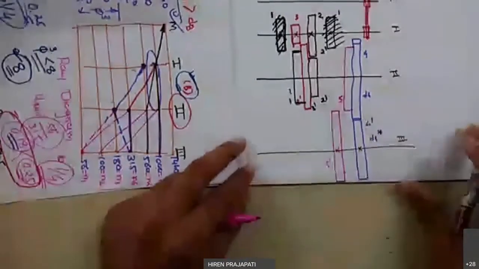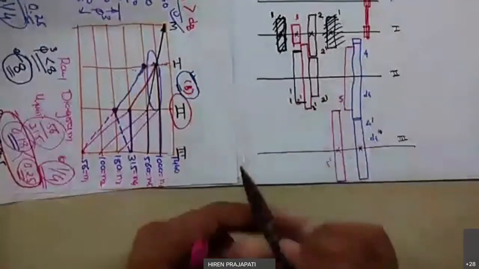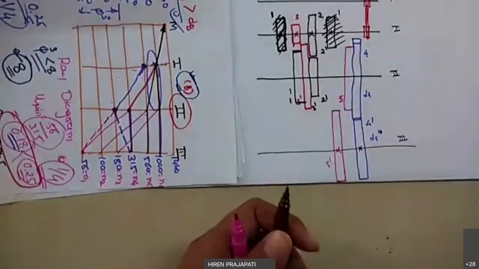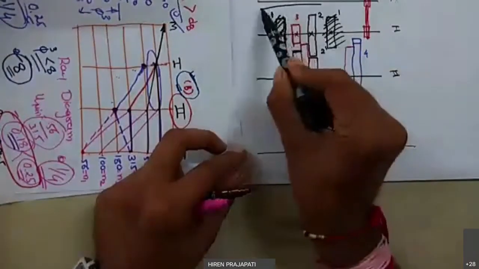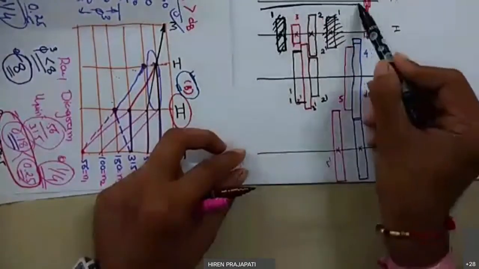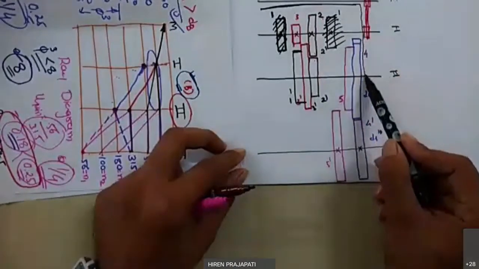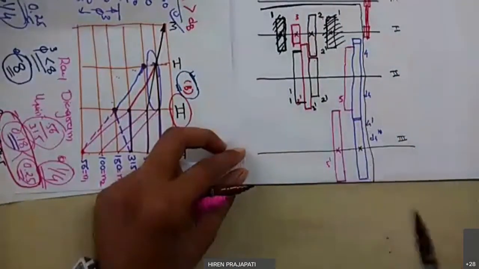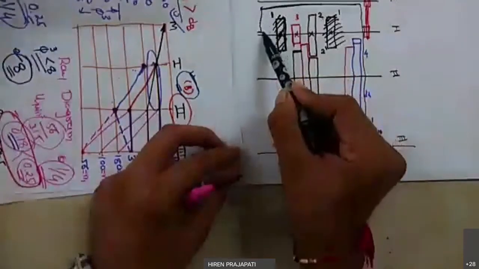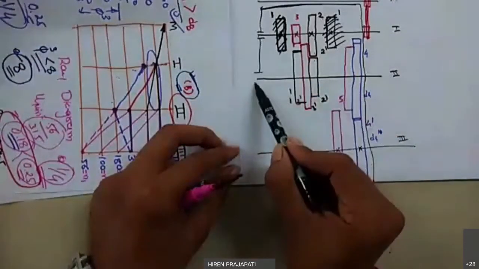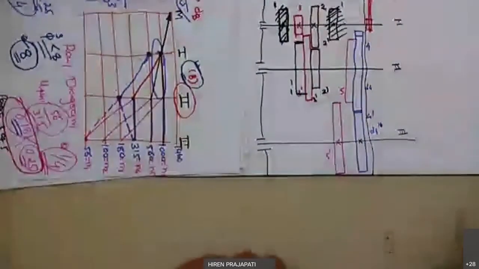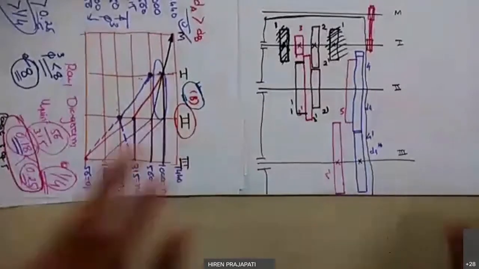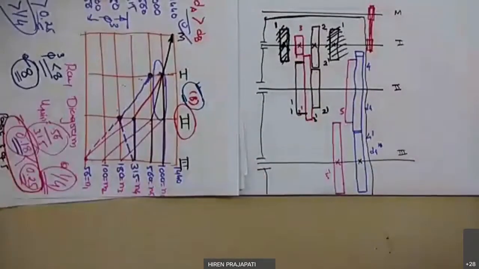This will help us. So now I'm just making a border of it. So this is the gearbox arrangement for this ray diagram. Okay, so now let's move further.